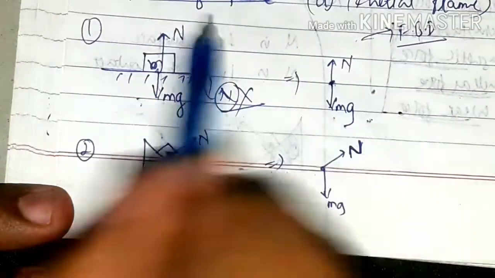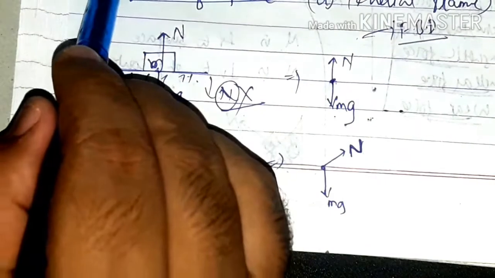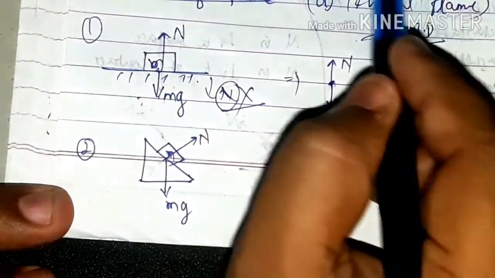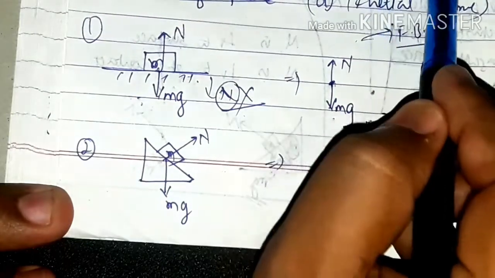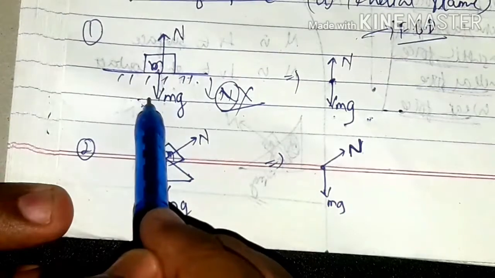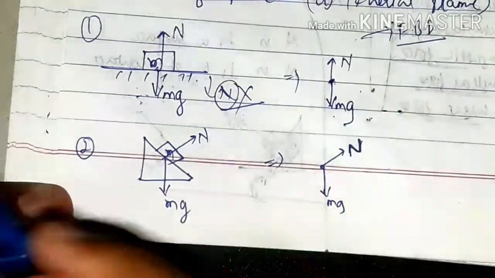Let's put a dot like this. This is over. So this is the first condition. Second condition: we will show all forces acting on the body. See, in inverted commas, we have written "on the body". As I said, the N exerted by the body on the surface we should not consider. What is acting on the body, that we should take into account. This is the second condition.